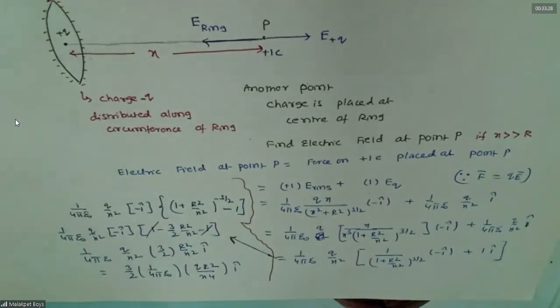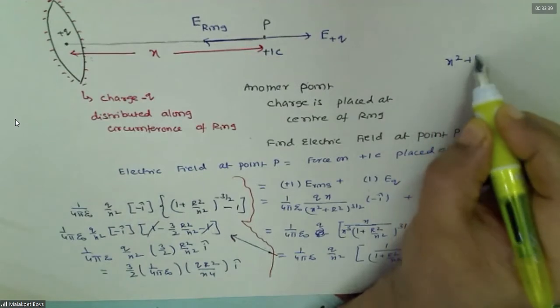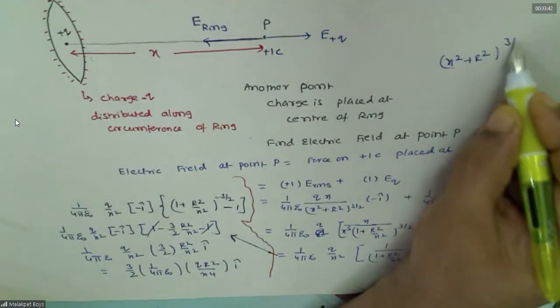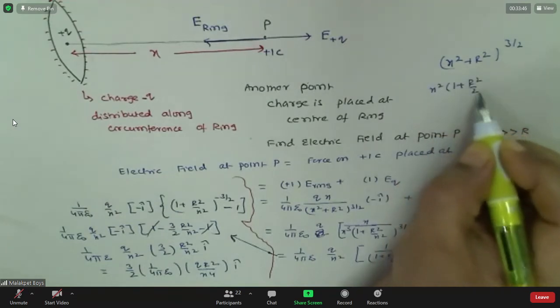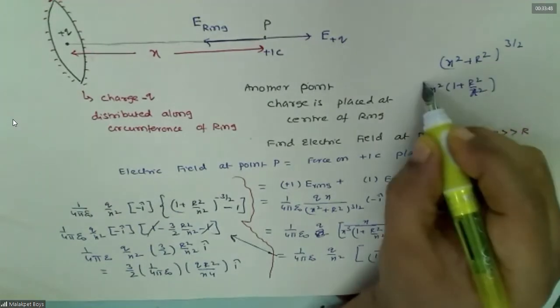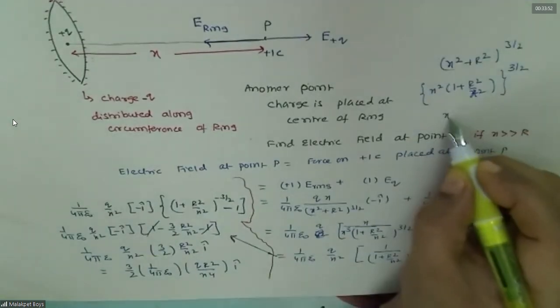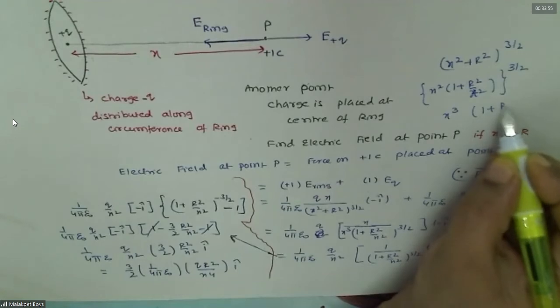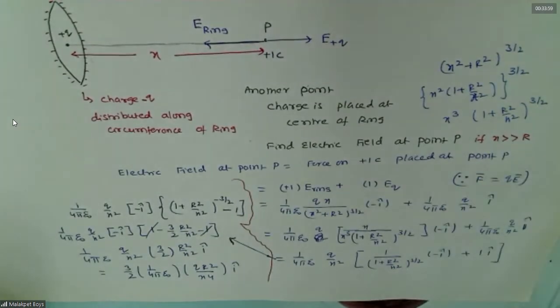There's no rule that you have to accept what this one only, no? You know how to take common, no? I have taken x square common. Yes, sir. Okay. Followed this? Yes, sir.